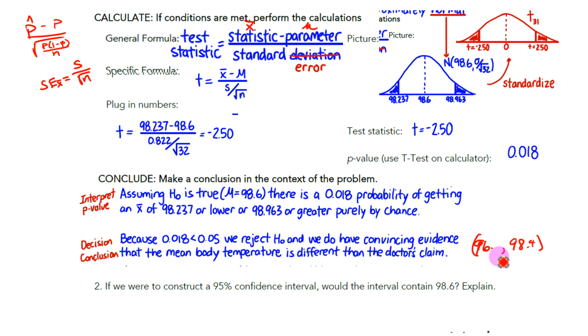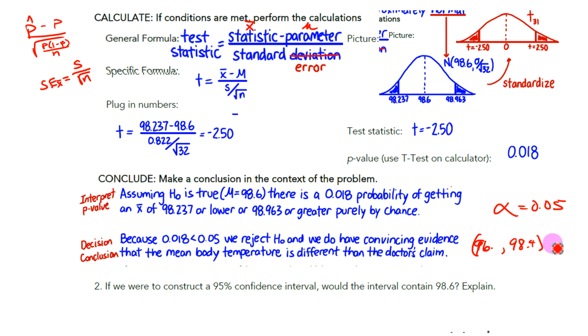Well, because 5% is outside of this, that would be like your p-value range of our significance level. If alpha is 0.05, well, that's outside of this range. 95% is within it, so 5% is outside of it, essentially.